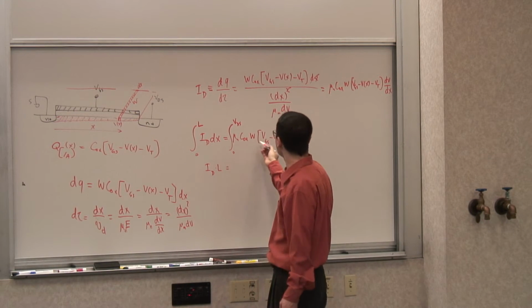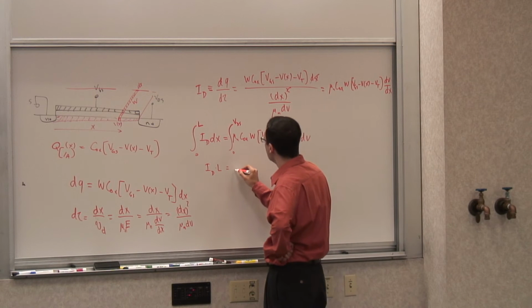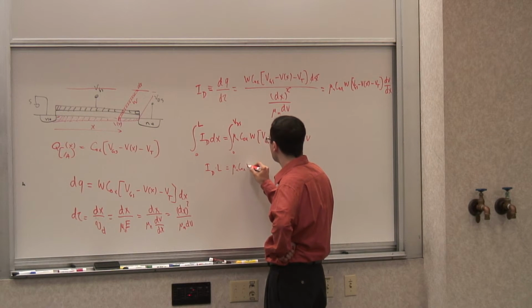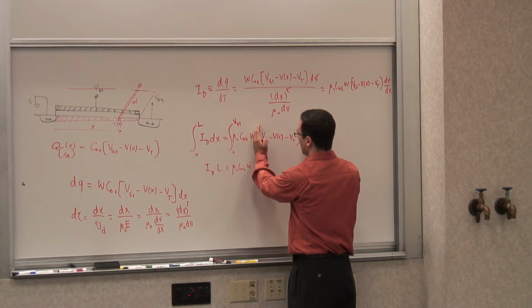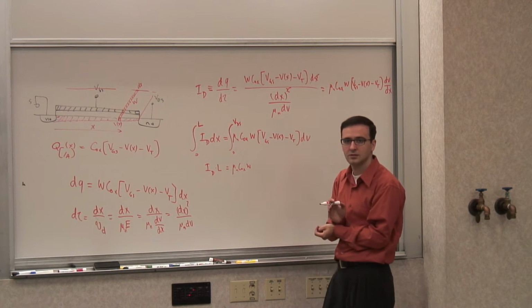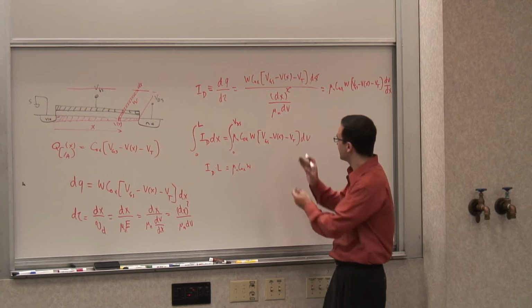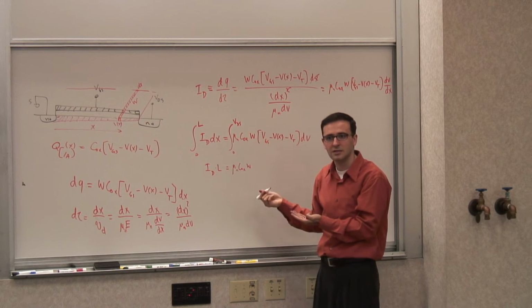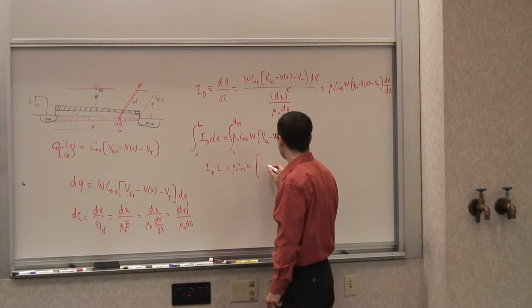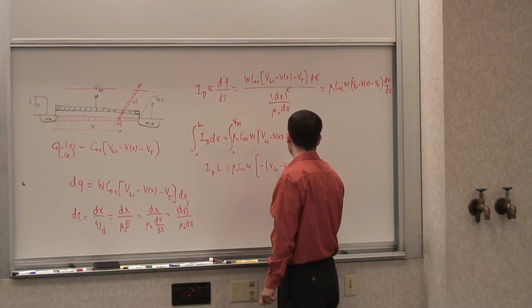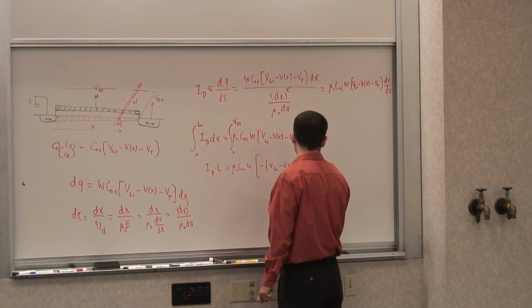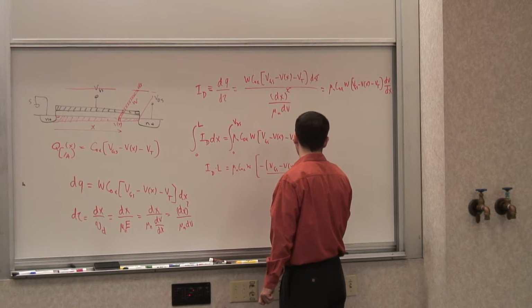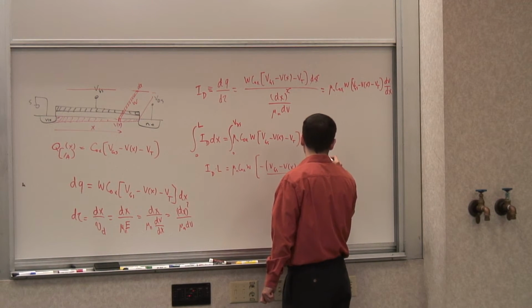And on this side, these are all constants except for these. So it becomes mu n Cox W times the integral of this thing. Now what is the integral of this thing? It's this thing minus this thing squared divided by 2, evaluated from 0 to VDS. Let's do that. So it's minus that argument squared over 2, evaluated from 0 to VDS.